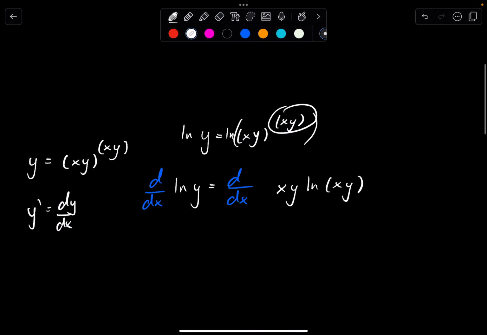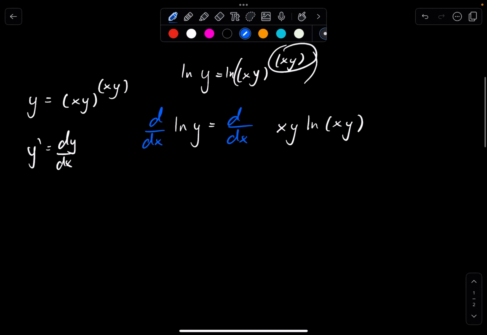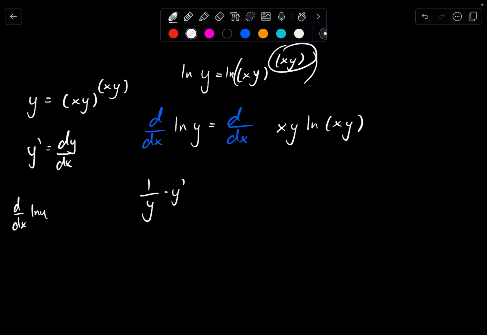So the derivative of ln of y with respect to x is actually 1 over y times y prime, because d/dx of ln of u, where u is a function of x, is equal to 1 over u times u prime due to the chain rule. And if you guys want to see a different video on that, feel free to leave a comment and I'll see if I can do something.